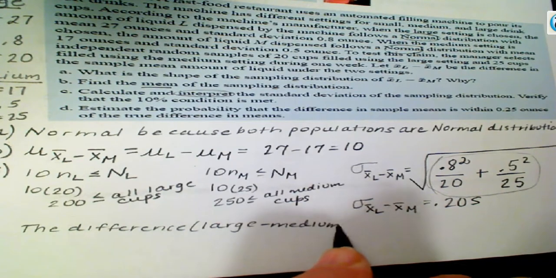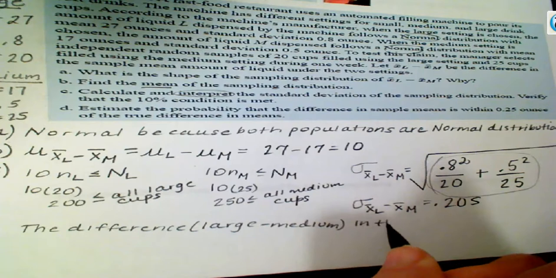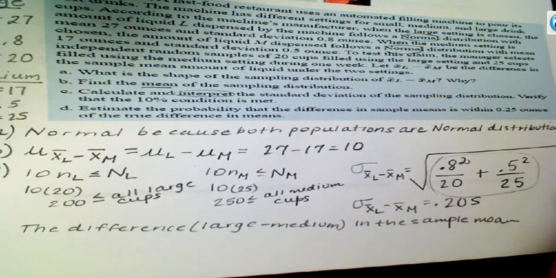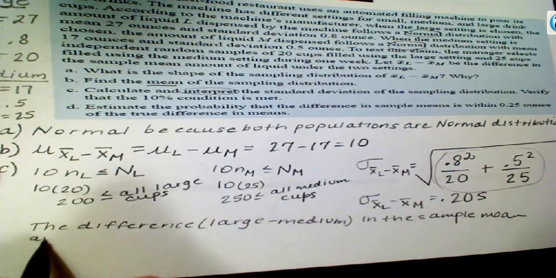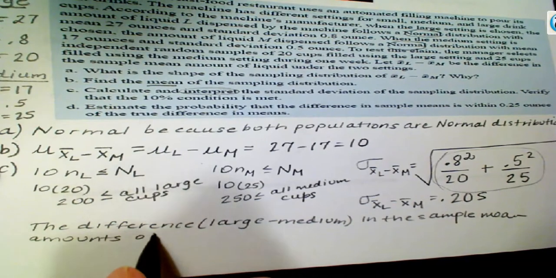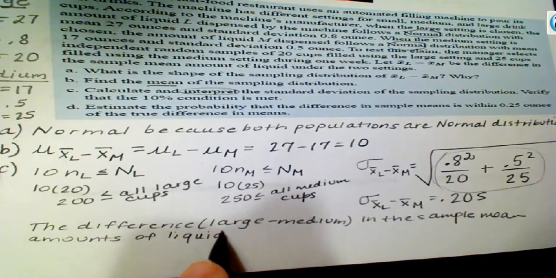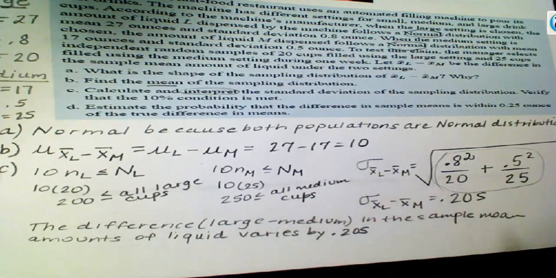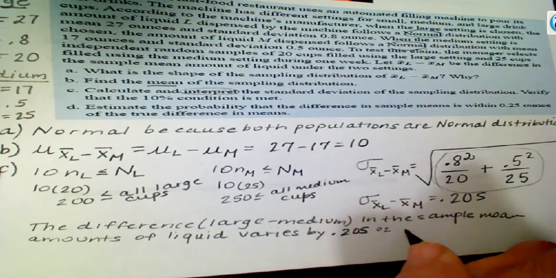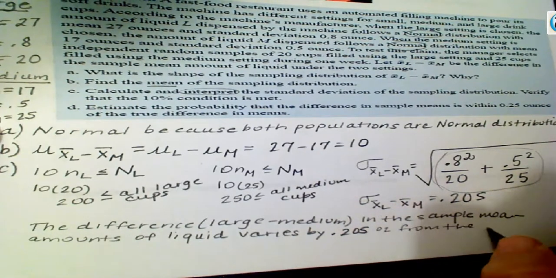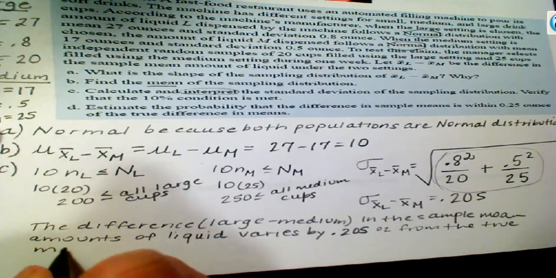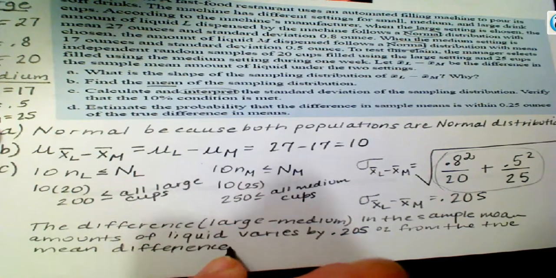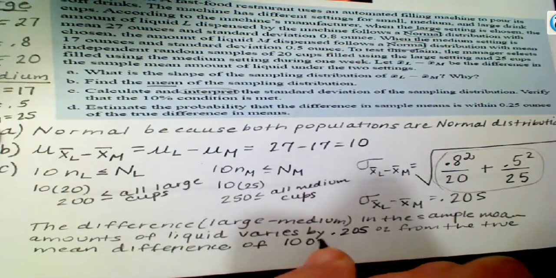The difference in the sample mean amounts of liquid, that's what this is, amounts of liquid, varies by 0.205 ounces from the true mean difference of 10 ounces.